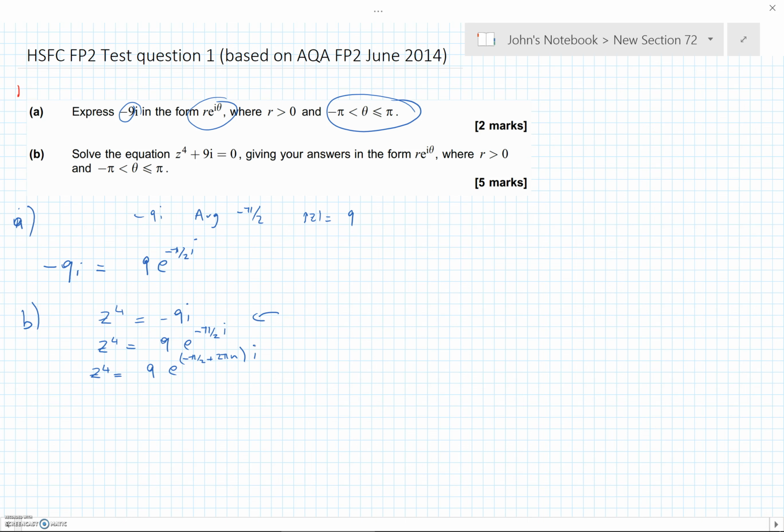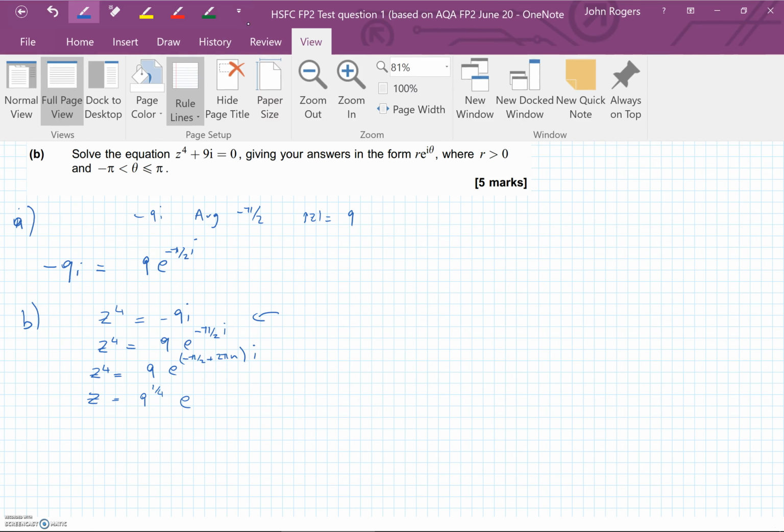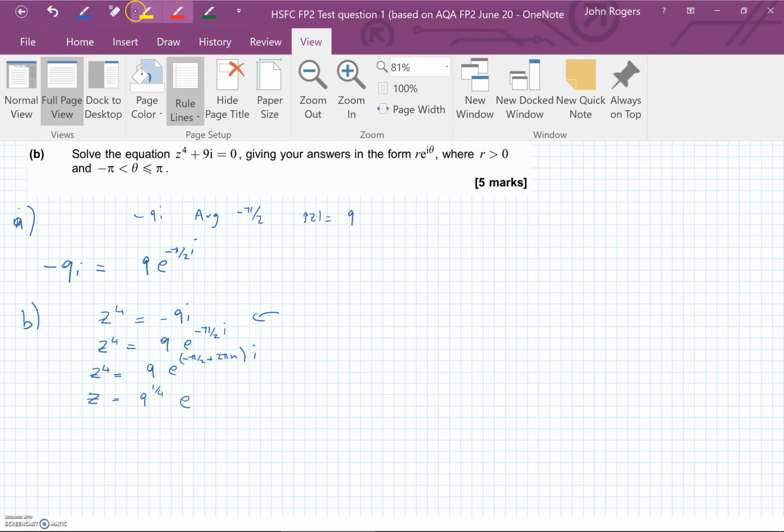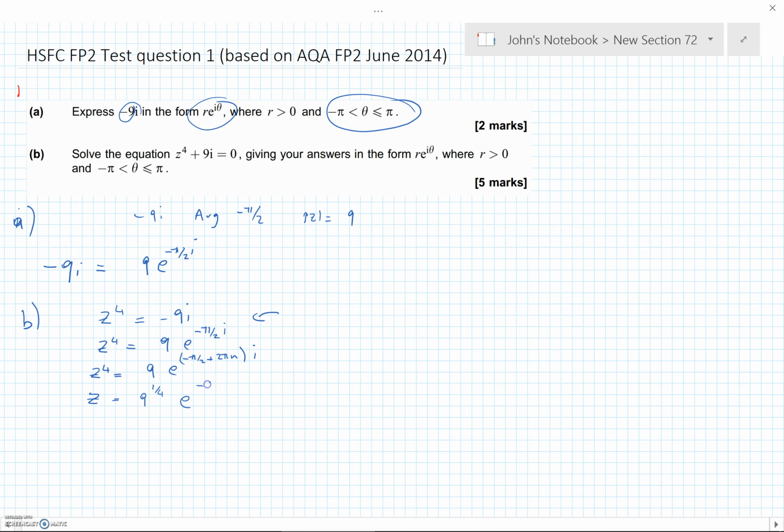Okay, now we then use de Moivre's theorem. So we have z is equal to 9 to the power of a quarter. Now let's just take each of these, dividing the whole lot by 4. That's going to give us minus pi by 8 plus pi n over 2.